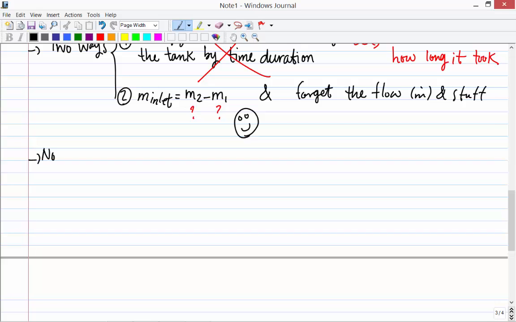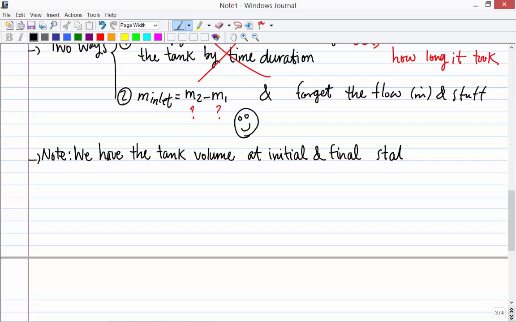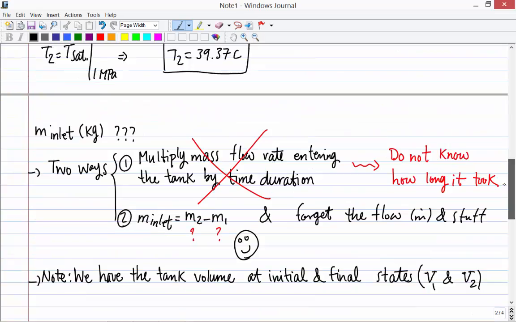So let me put a note here for you that we have initial and final states, V1 and V2, capital V, yes.